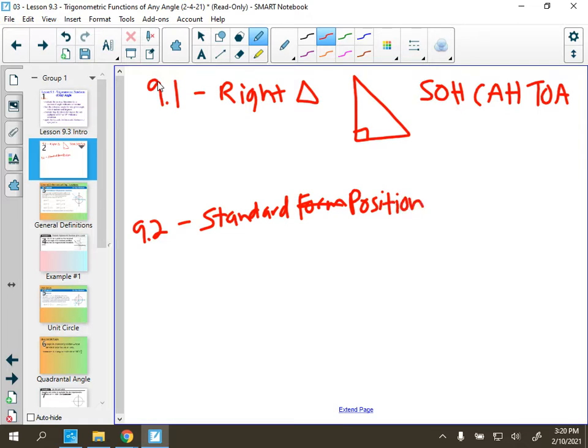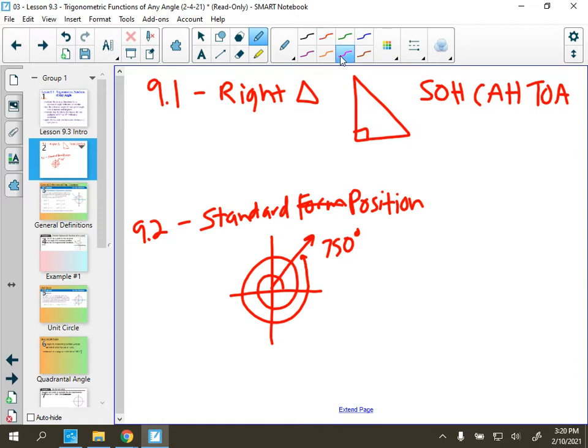It allowed us to get on an x and y axis and start talking about angles that measure 750 degrees, which was kind of cool. It was our first time looking at potentially negative angle measures, right? We talked about sketching an angle in standard position of negative 120 degrees, stuff like that. We did both of those in radians.